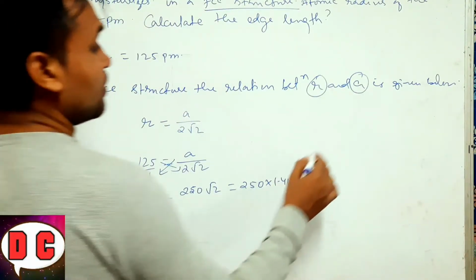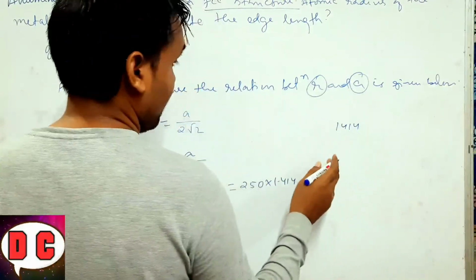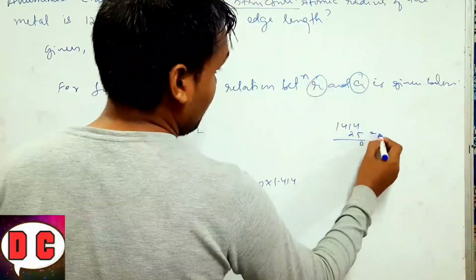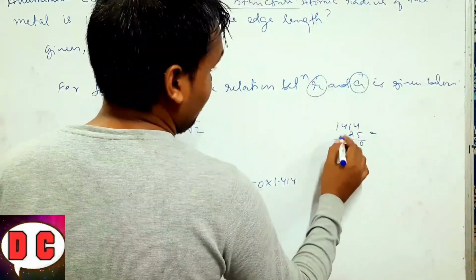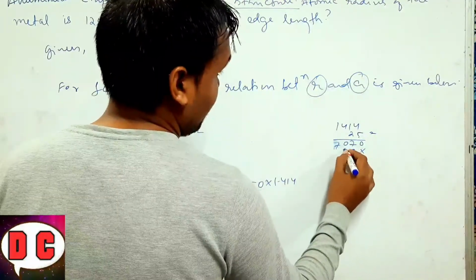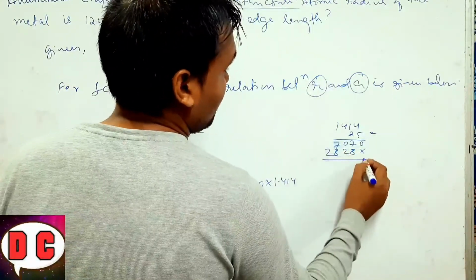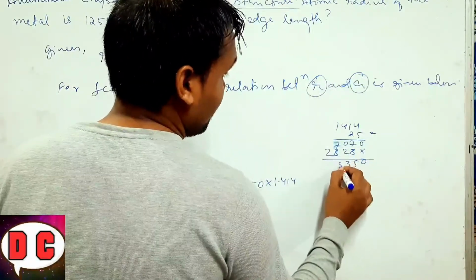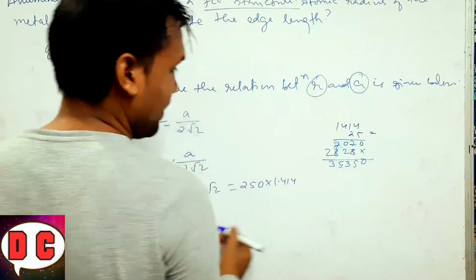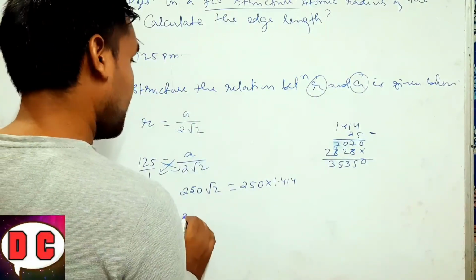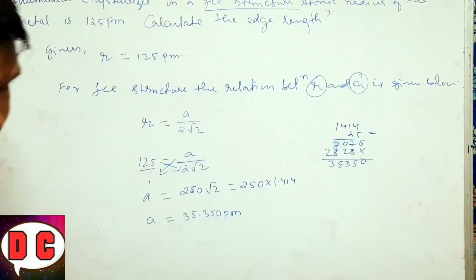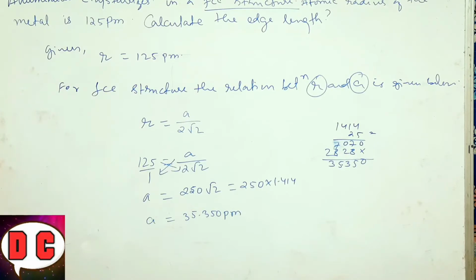So when we multiply by 1.414, what will we get? We get 353.5 picometer.